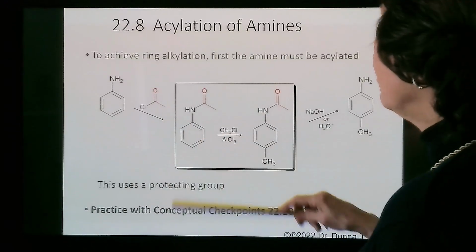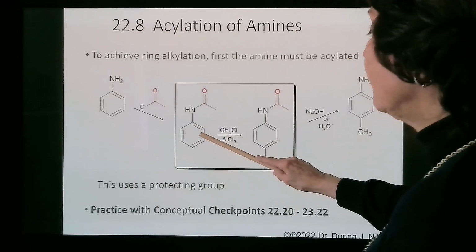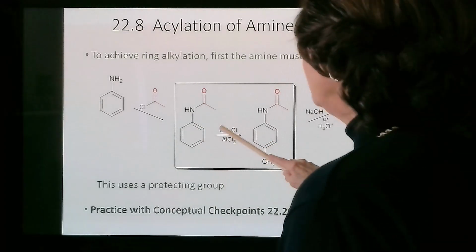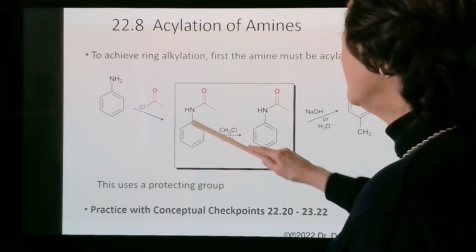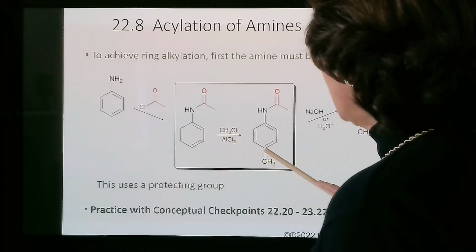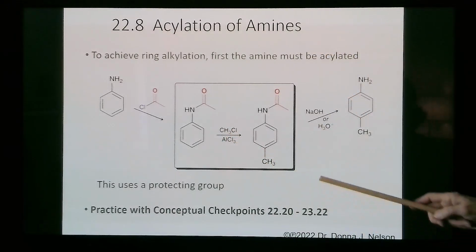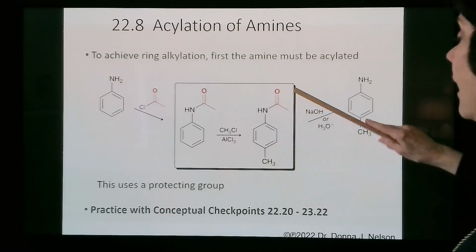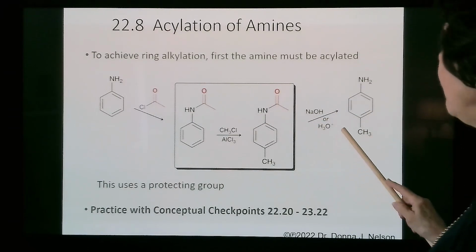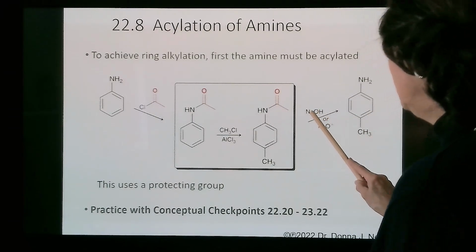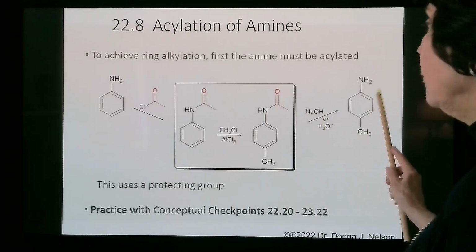This is the protecting group, just like before. And so now you can do the Friedel-Crafts reaction. And so this, just as before, it's ortho-para-directing. So the methyl goes in the para position, and then after the Friedel-Crafts reaction, you remove the group using either acidic or basic conditions.